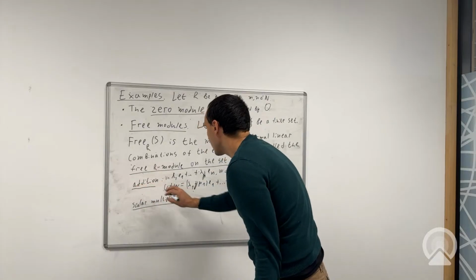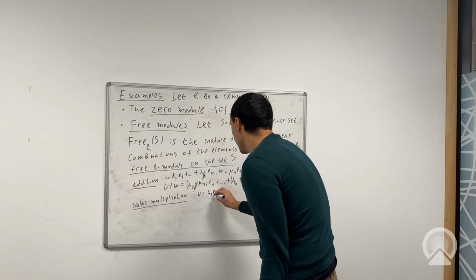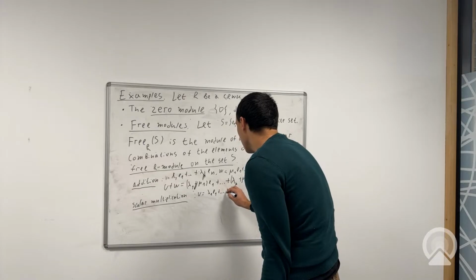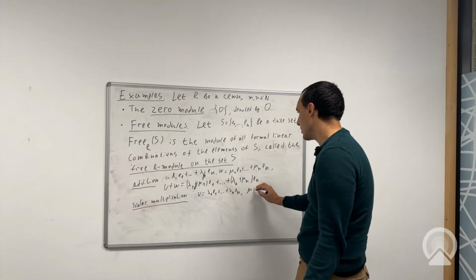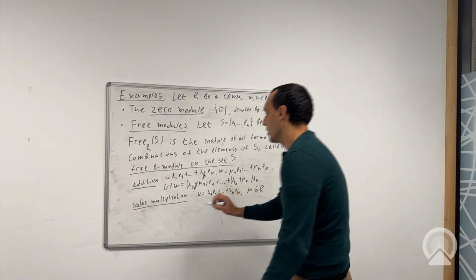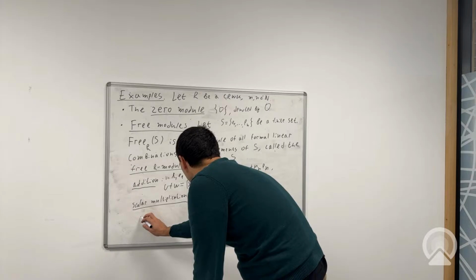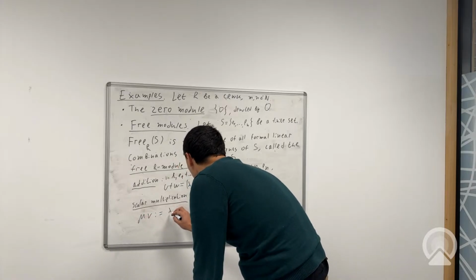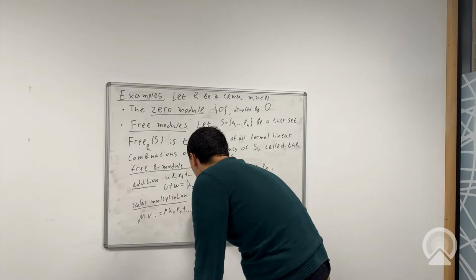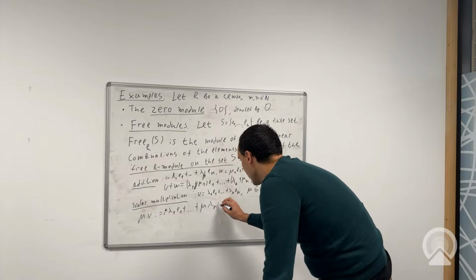So here we have scalar multiplication. If v is again lambda 1 e1 plus ... plus lambda n en, and mu is in R, then mu times v is by definition mu times lambda 1 e1 plus ... plus mu times lambda n en.